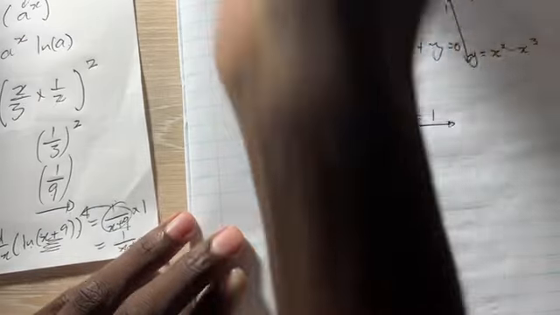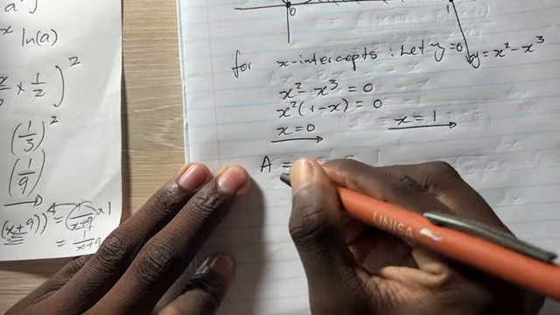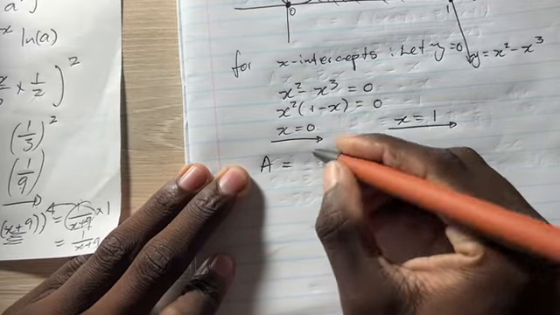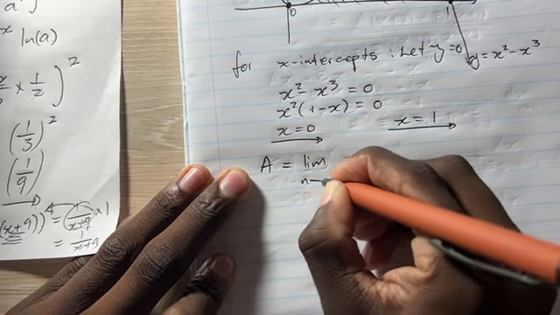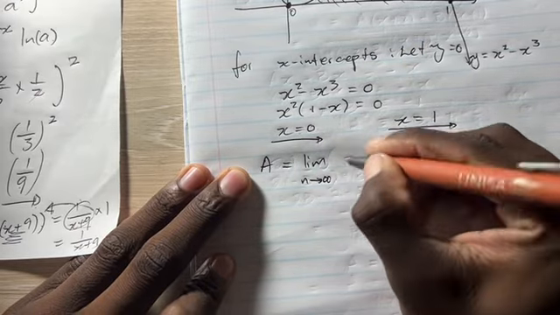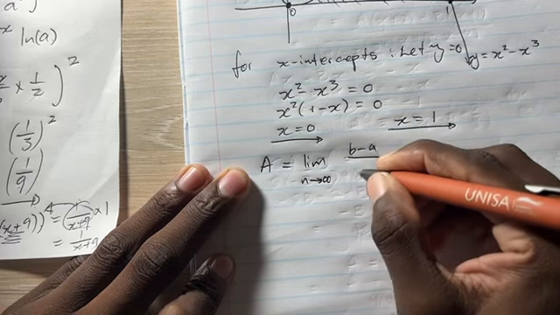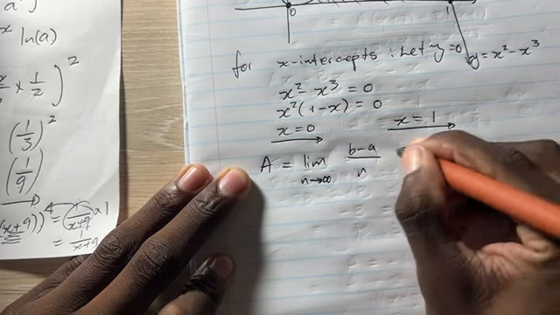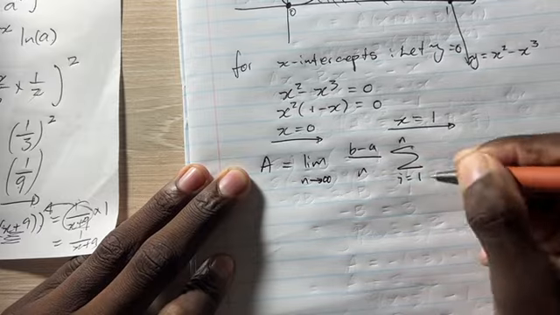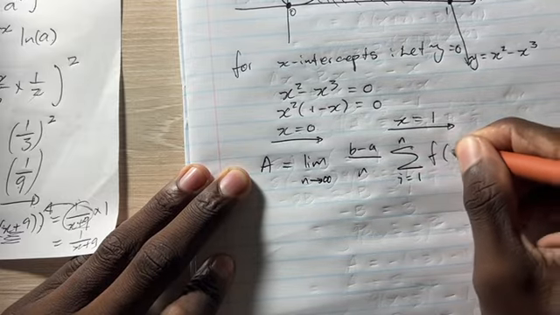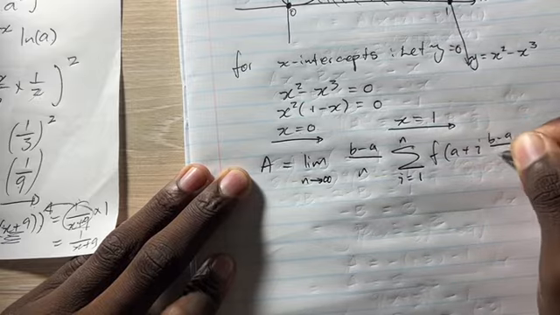Let's apply it. So it says area equals the limit as n approaches infinity of (b minus a) over n, sum from i equals 1 to n of f of (a plus i times (b minus a) over n).